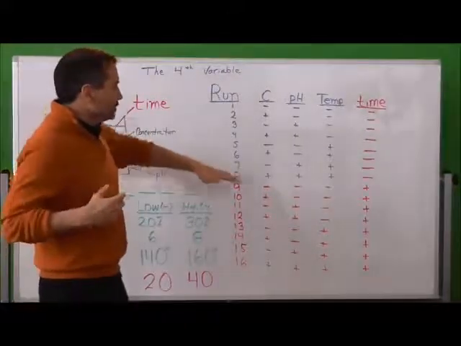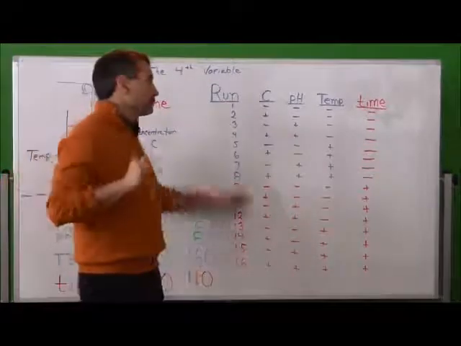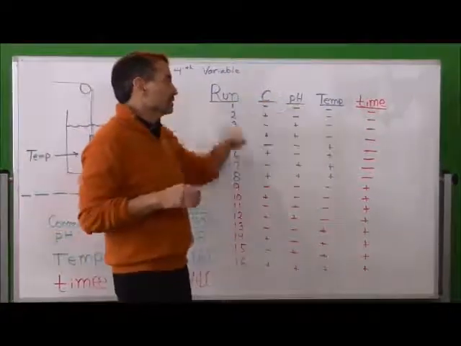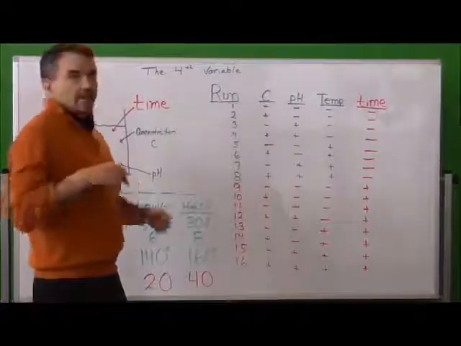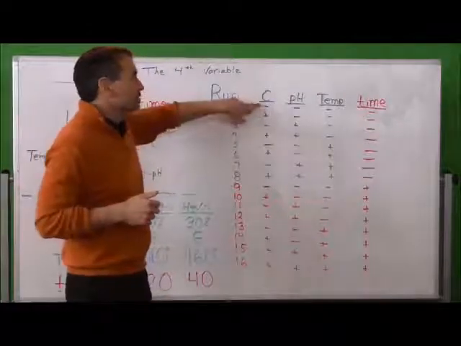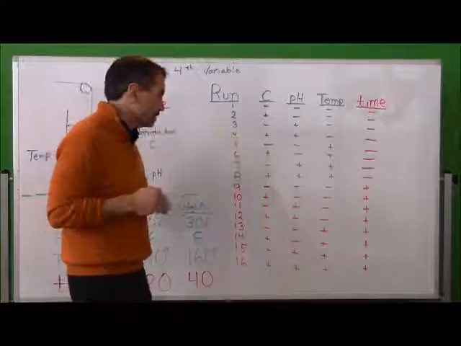We originally set this up with 8 runs with just the 3 factors: the concentration, the pH, and the temperature. If you remember from the prior videos, we took the concentration and went minus, plus, minus, plus, minus, plus, minus, plus.